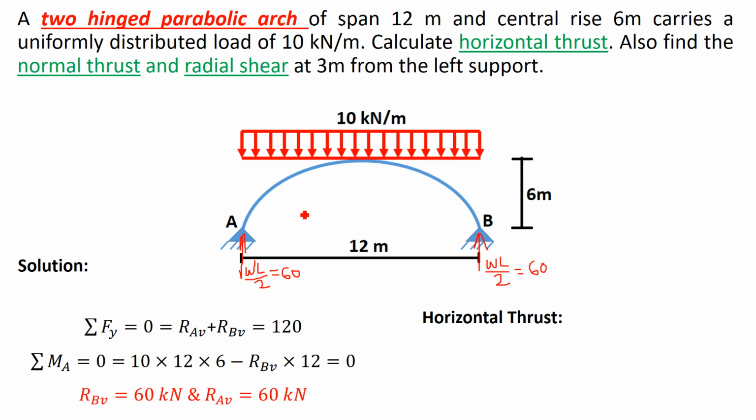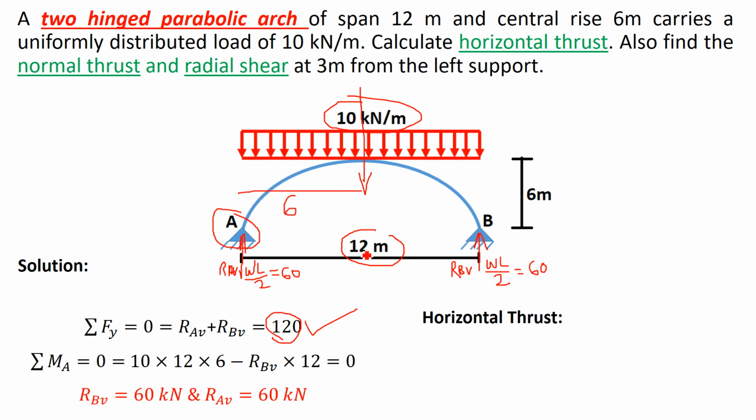Or we can use the basic engineering mechanics equations of equilibrium, summation of Fy equal to 0. So plus RAV and plus RBV, two vertical reactions, are equal to the total vertical load, 10 is the intensity into 12 meter span. 10 into 12, answer is 120. Then if you take summation of moment about point A, then moment of UDL 10 into 12 acting at the center, it means the perpendicular distance is now 6 meter.